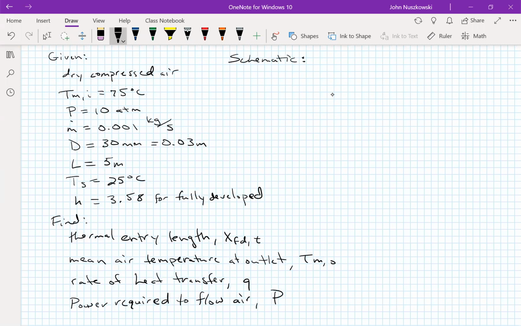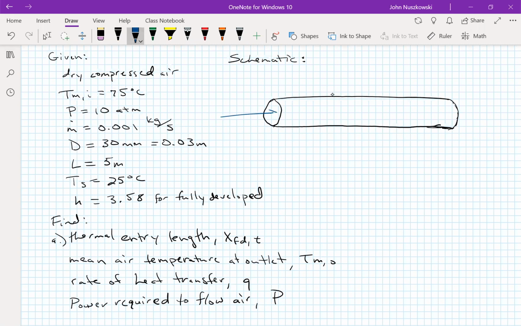All right, so our schematic, this is all for part A here. We have our tube, we have our air flowing in with a mean inlet temperature.